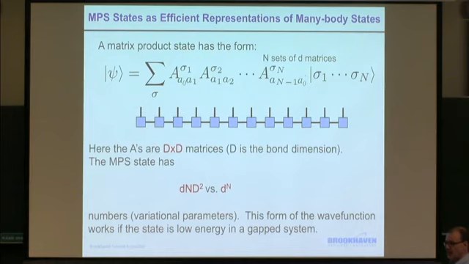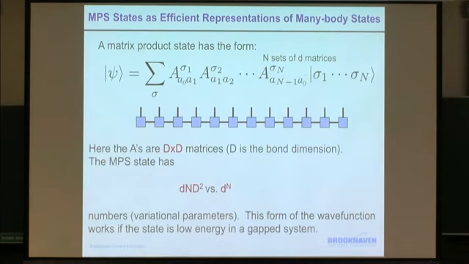And so if you just count up the number of parameters that this matrix product representation gives you for the state, you see that you have small d times n times big D squared parameters, versus our originally exponentially large number of coefficients to describe a general state. So this is a much, much smaller number.